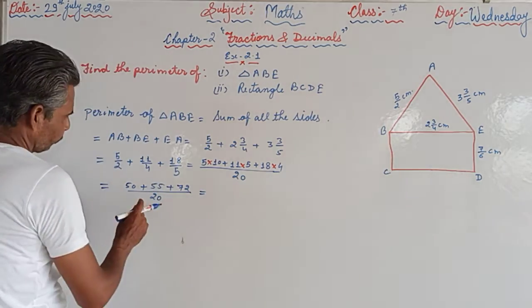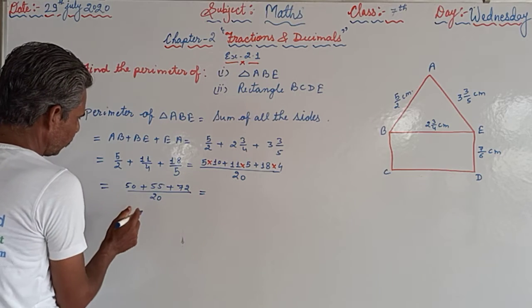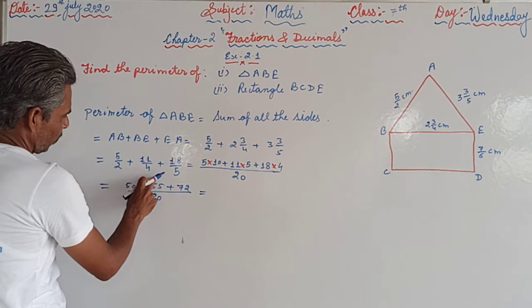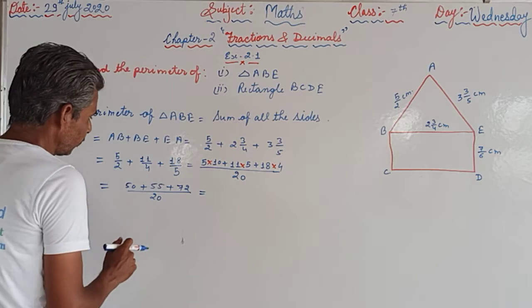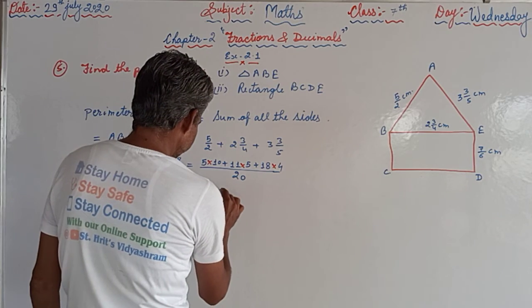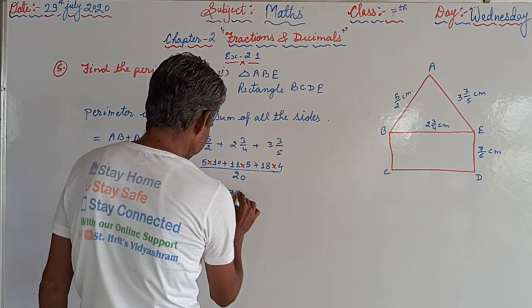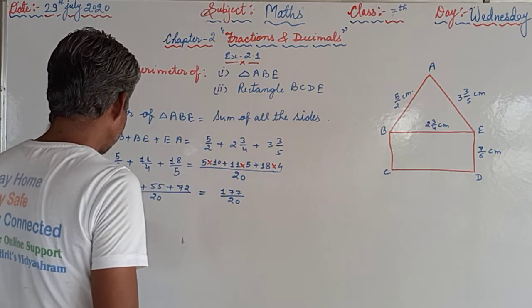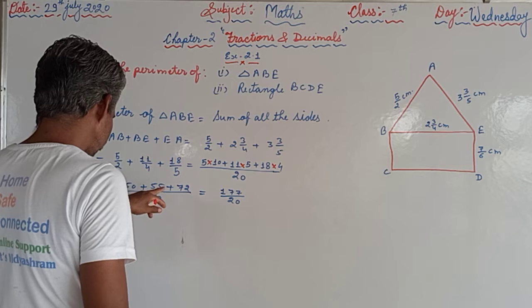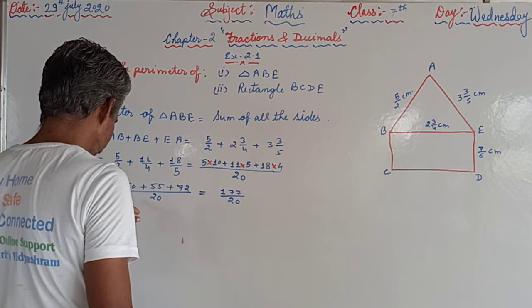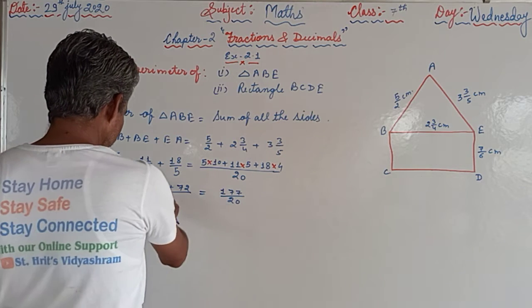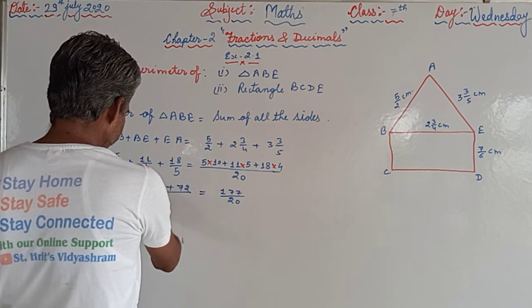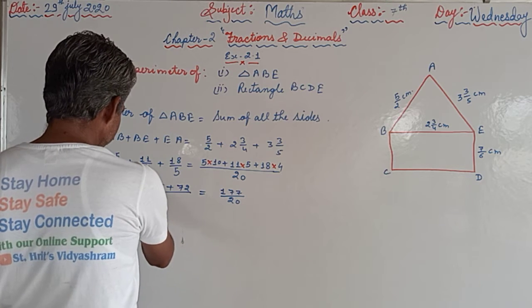We will add now. So we will get 50 plus 55, 105, plus 72, 177, divided by 20. So 5 plus 2 is 7, 7 plus 5 is 12, 12 plus 5 is 17.